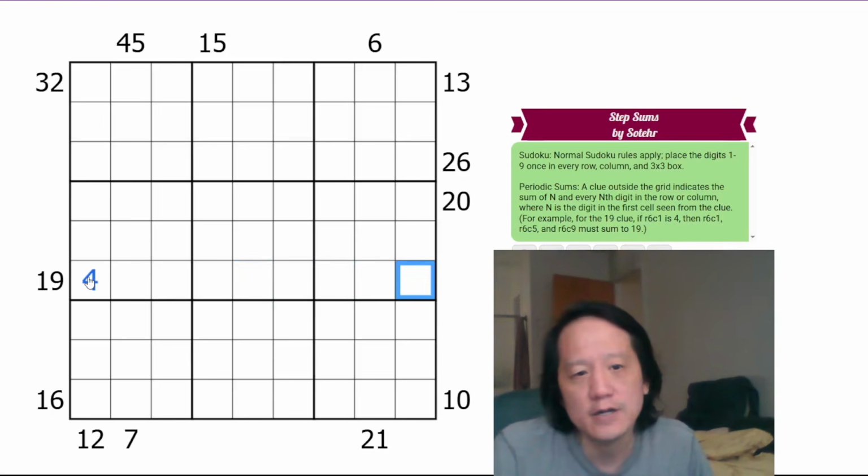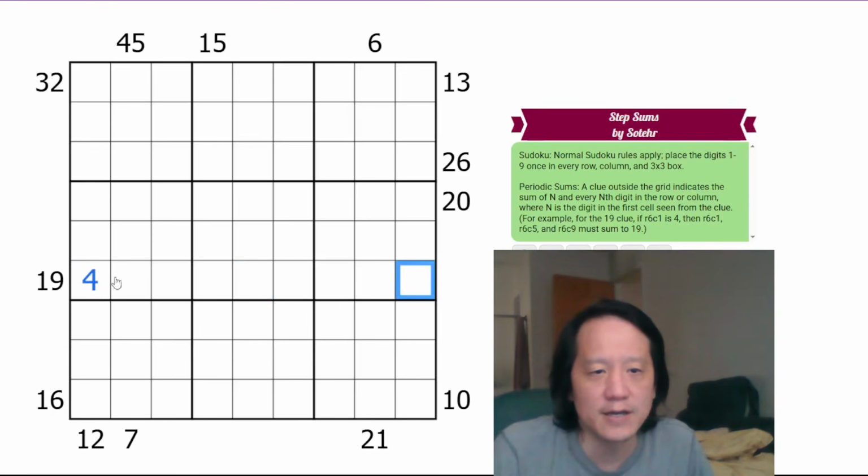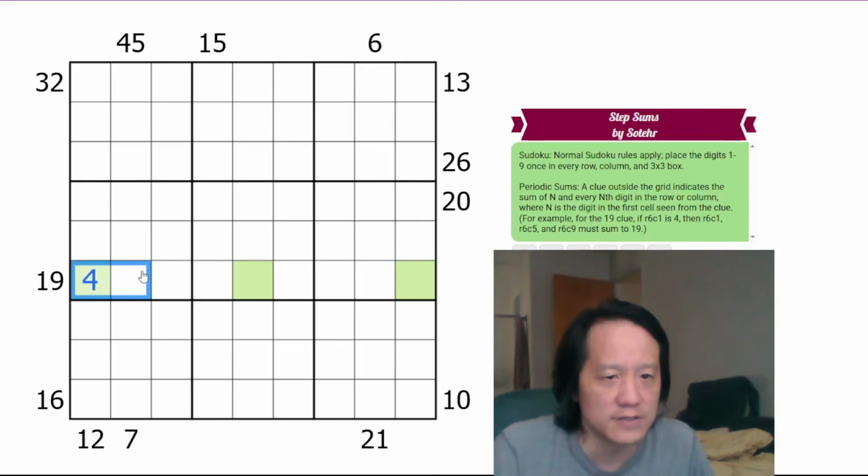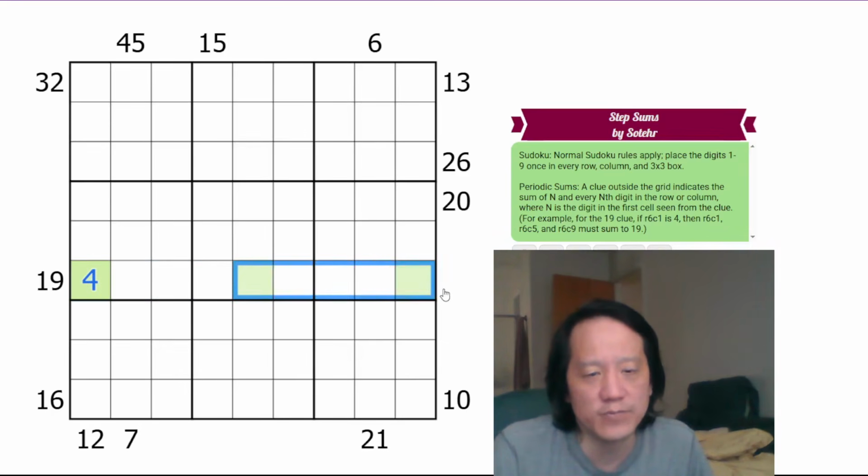That's why, if this is 4, these 3 digits must add up to 19, because it's the digit itself that's seen in the first cell in this row, and then the next one that's n steps away, and the next one also n away from that cell. So that's an example of how periodic sums work.